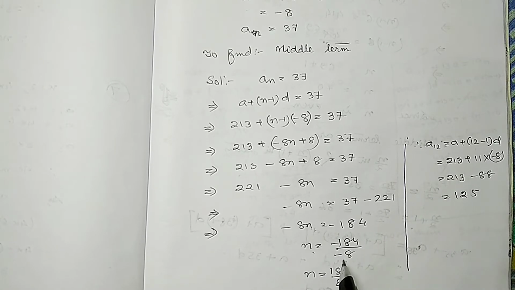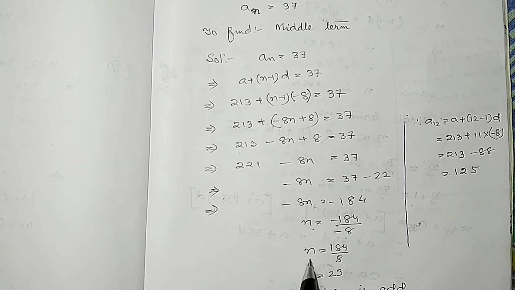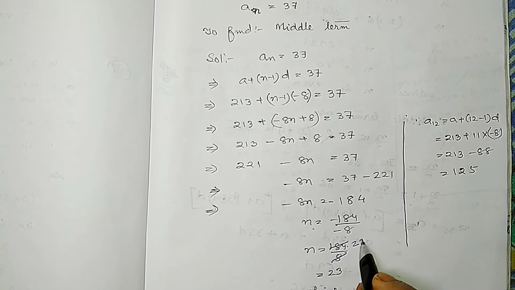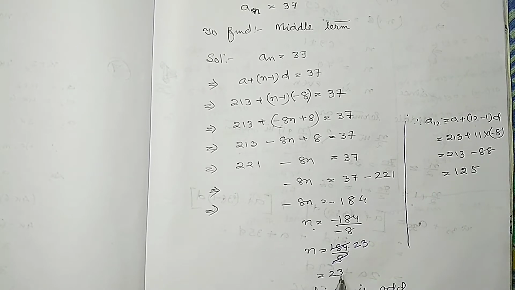Minus minus nullifies, so you are left with n equals 184 by 8, and dividing, 8 times 23 is 184, so n is 23.